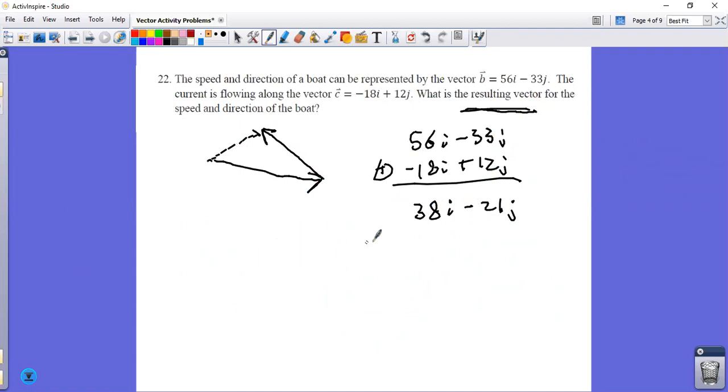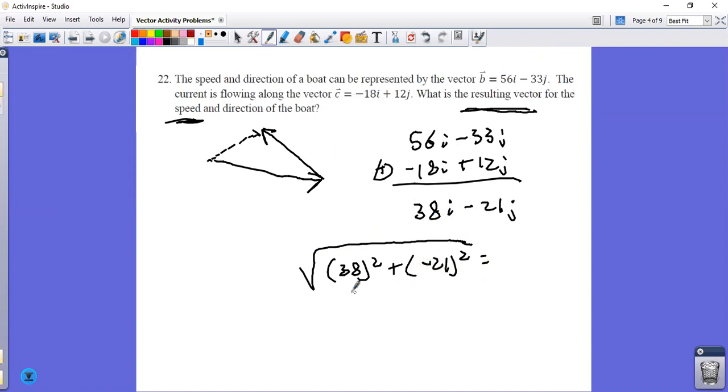Now the magnitude where it says what's the speed of the boat, and this should say like miles per hour or feet per second or whatever, it doesn't tell us what the measurement is, but it's always the square root of the two components squared and added together. Now in your calculator, when you square a number, if it's negative, it's going to be positive anyhow.